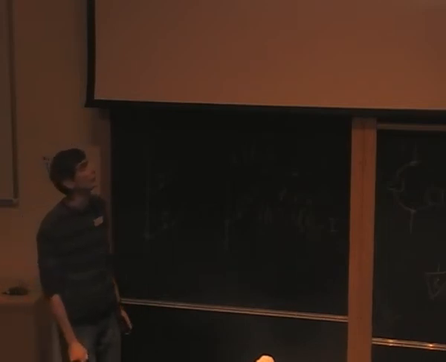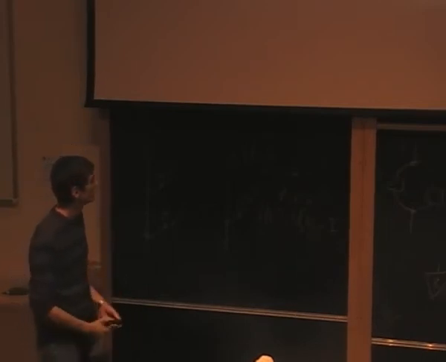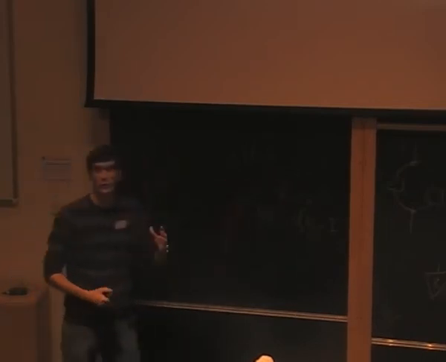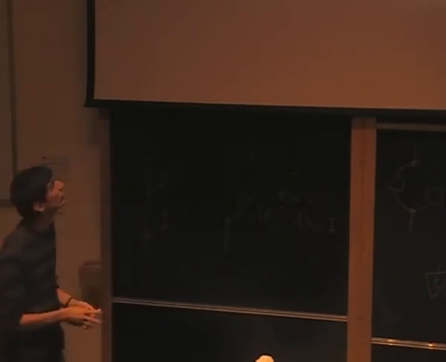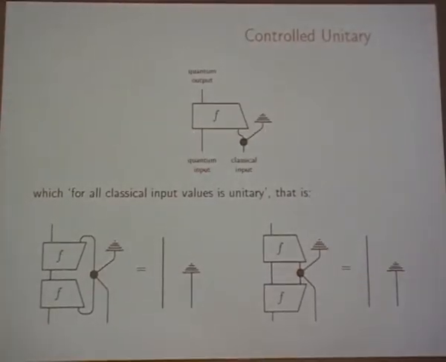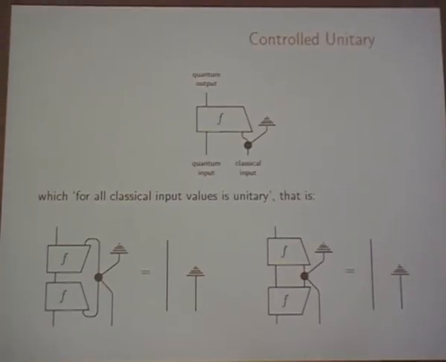Okay? This is what we mean by controlled unitary. Here, I in S is the classical input. It's classical. And we say that this is representing such a set of unitaries, that is the classically controlled unitaries, if the following axioms, following equations, are satisfied.